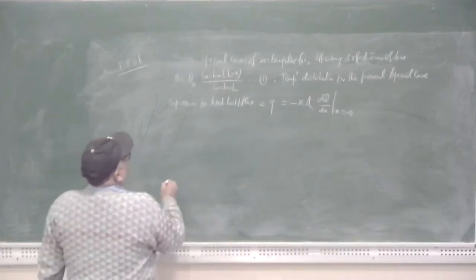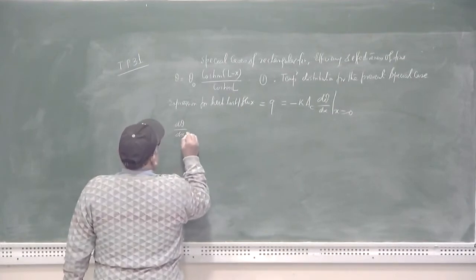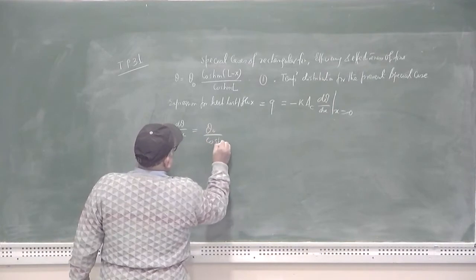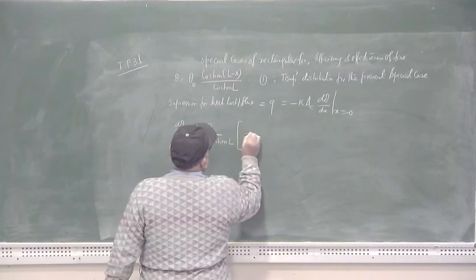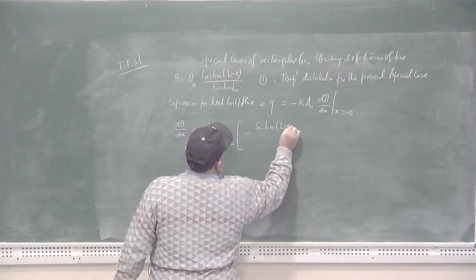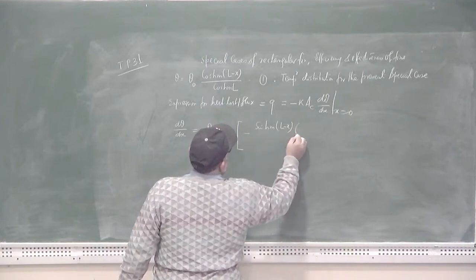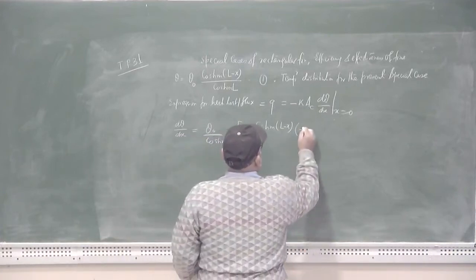Now, evaluate the first quantity d theta by dx, that is equal to theta 0 divided by cosh mL into the differential coefficient of this, sinh m(L minus x) into minus m into minus m.